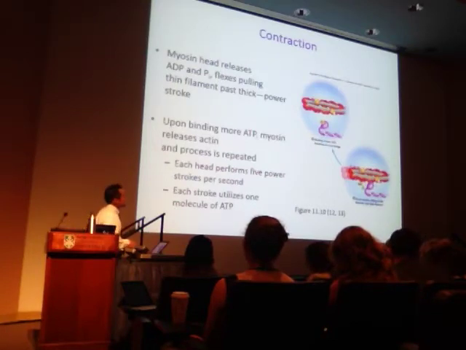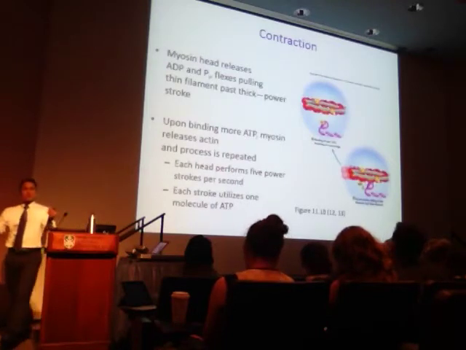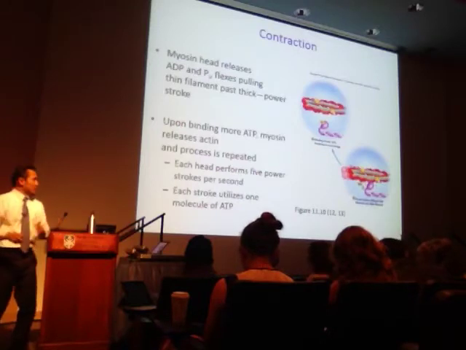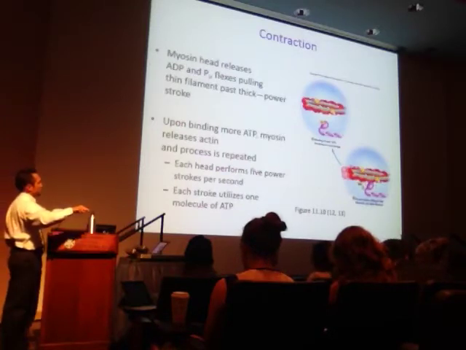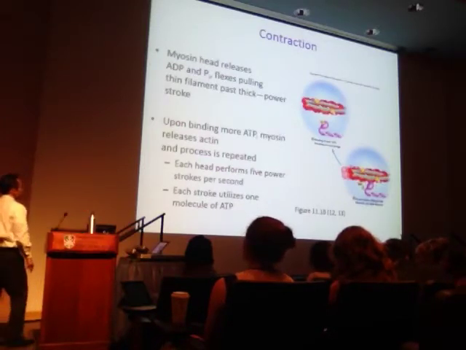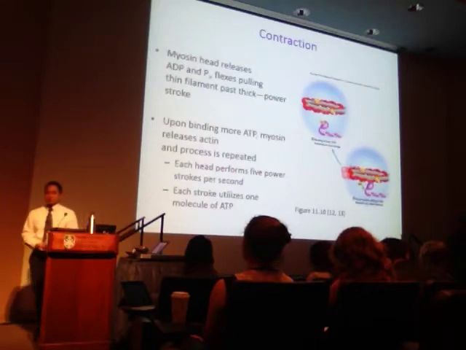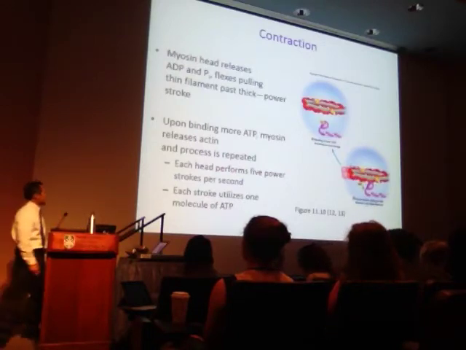Okay? Now you have used up all of your energy that's bound to that myosin head in that power stroke. And you're still physically attached. So in order to release, you actually have to bind another new ATP molecule. A new ATP molecule has to bind.